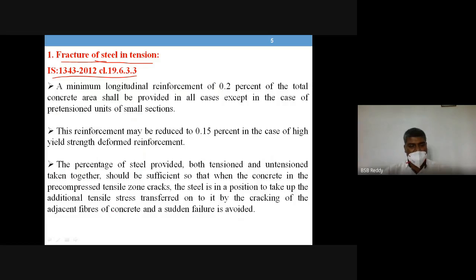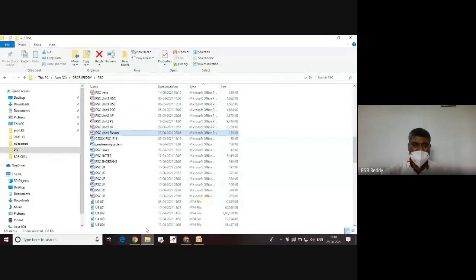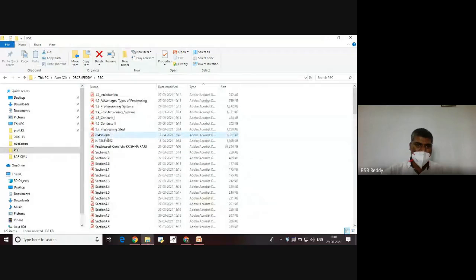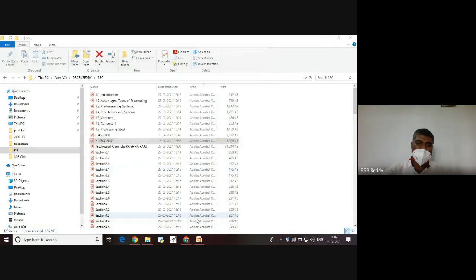Let me show you that particular clause, so that it will be easy for you to identify. Always look for IS codes for the clauses related to your study.